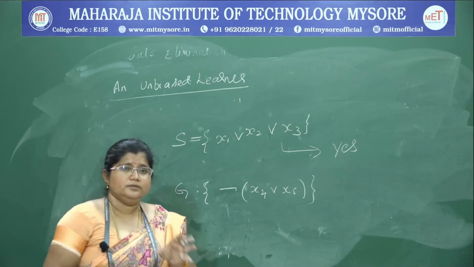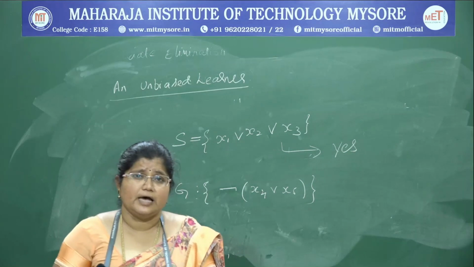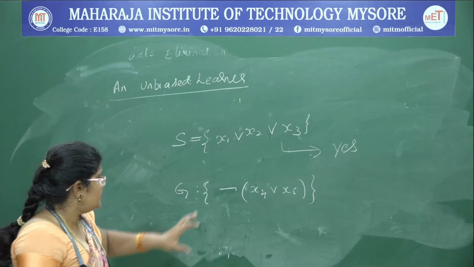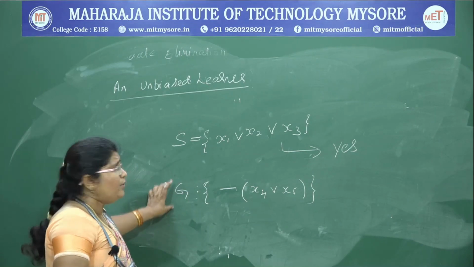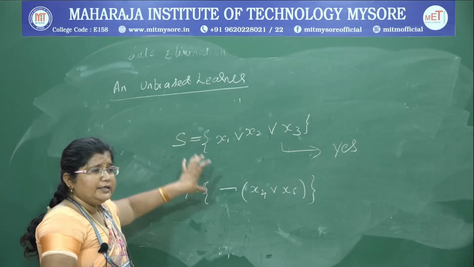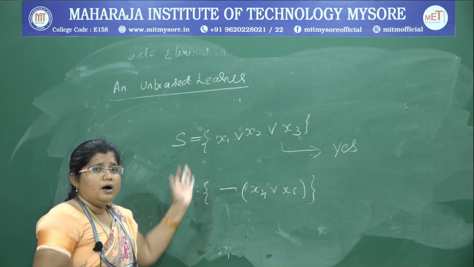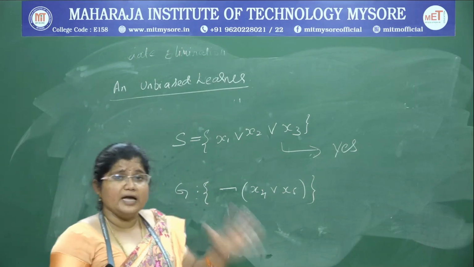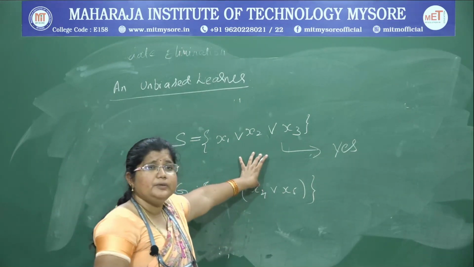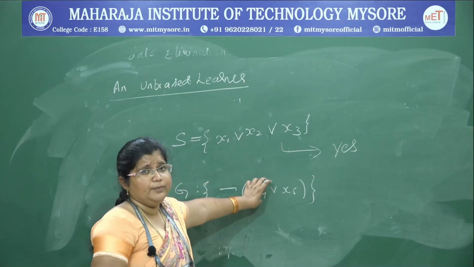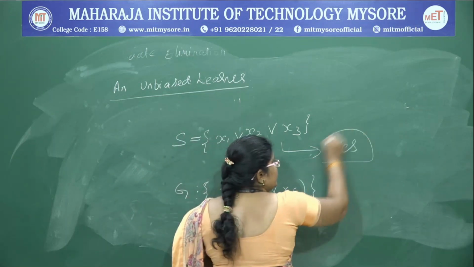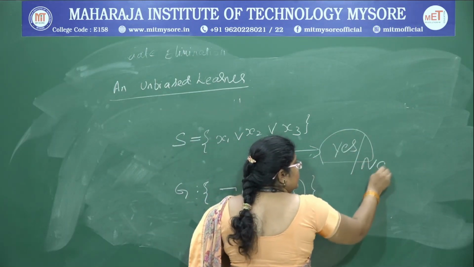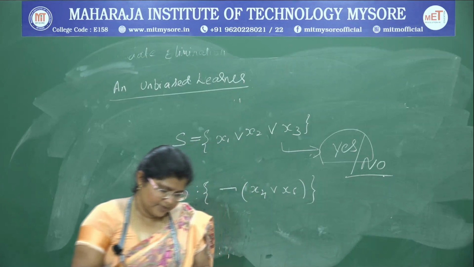If the unobserved training example lies between the G boundary and the S boundary, we try to find the match between the hypotheses generated between the S and G boundaries and predict whether it's a positive training example or a negative one.